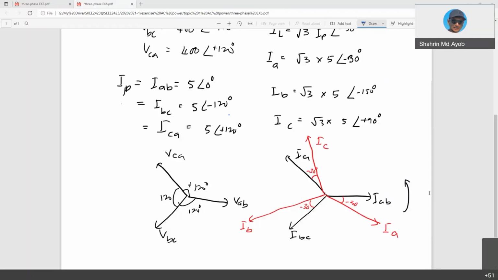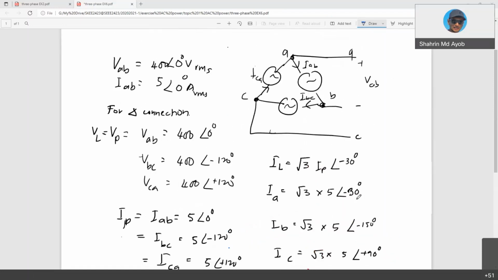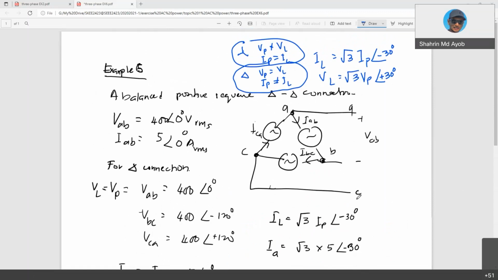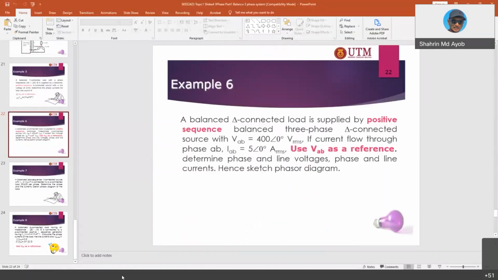May I ask, for V line and I line, is the unit RMS or maximum? Usually it will inform you whether it is RMS or not. As mentioned during our previous class, you can ask the lecturer or the invigilator whether it is RMS or maximum value.